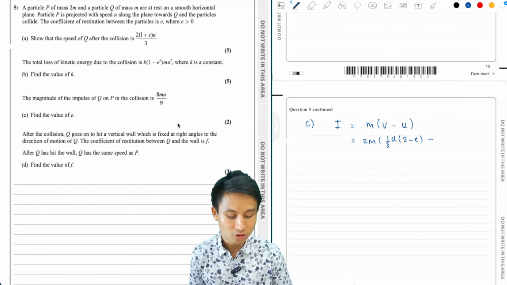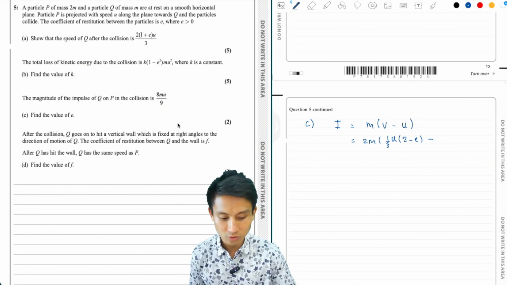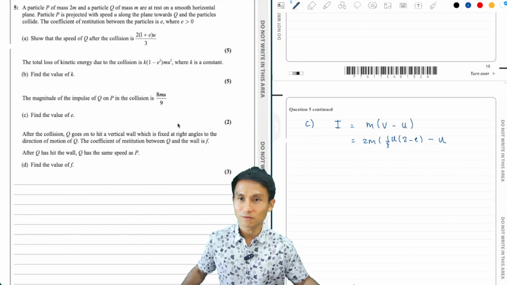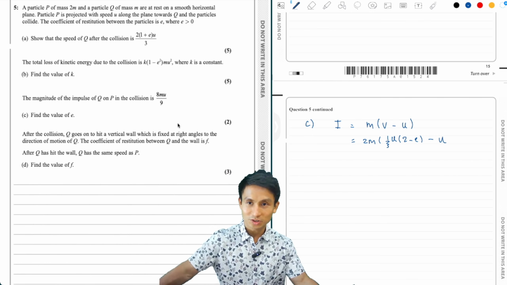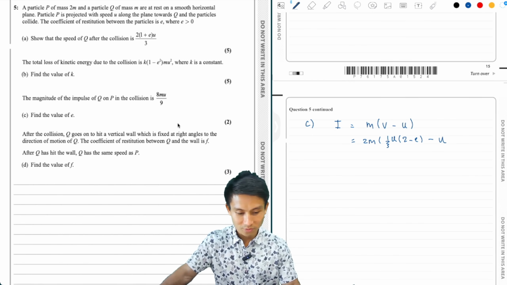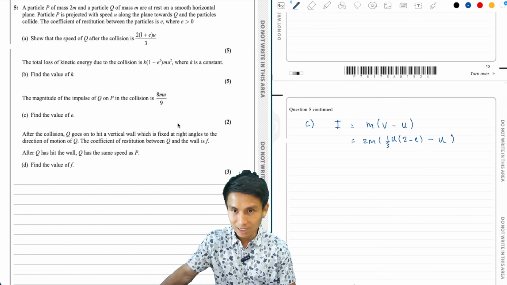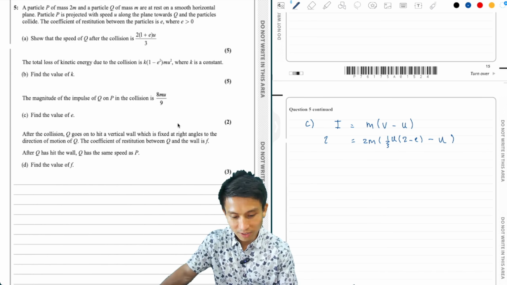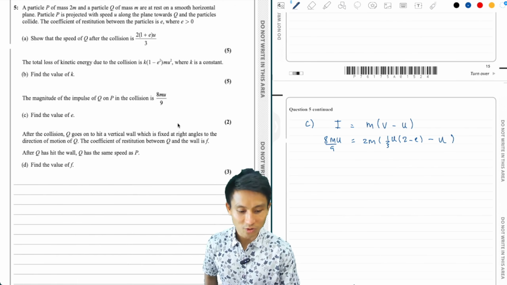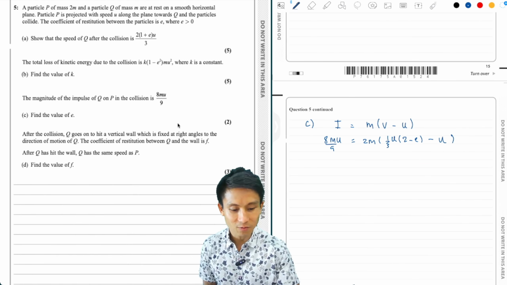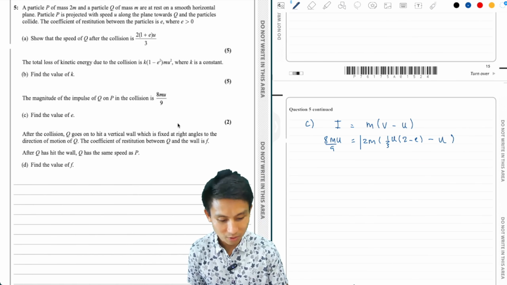Minus u was just u, right? Because the initial speed before the impulse was just u for particle P. And the impulse here has the magnitude of 8mu over 9. Because this is about magnitude, we might get a negative sign here, but we're going to make it positive, right? Just by doing a modulus here.